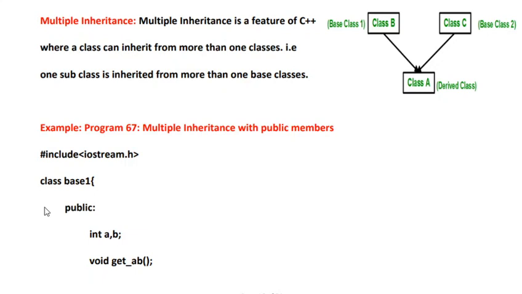Now in the second case, we have placed the data members in the protected section of the class, and then we have tried to access the data members using the object of the derived class. In the third case, we have placed the data members in the private section of the class, and we have seen what happens when we try to access the data members using the member function of the derived class.